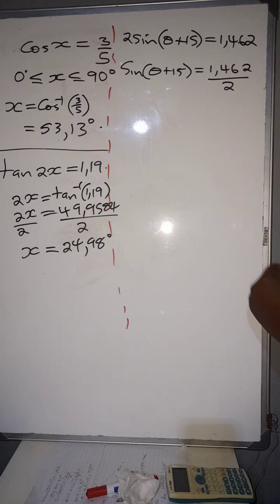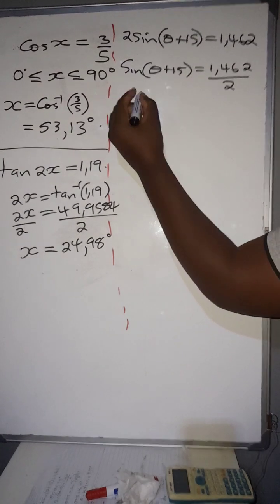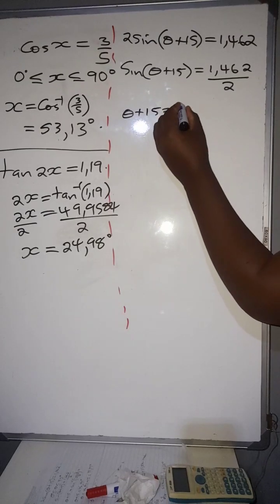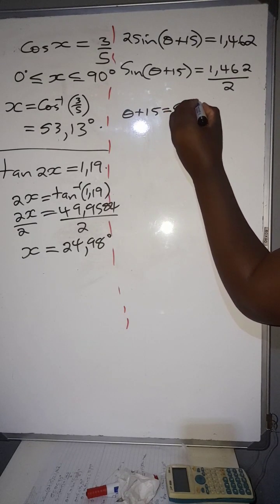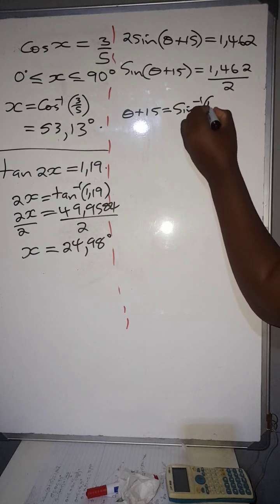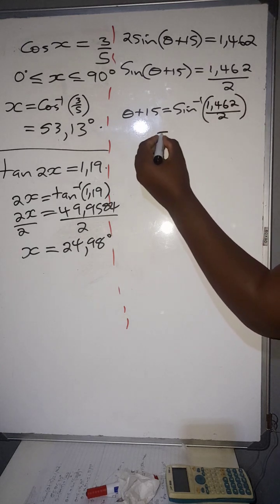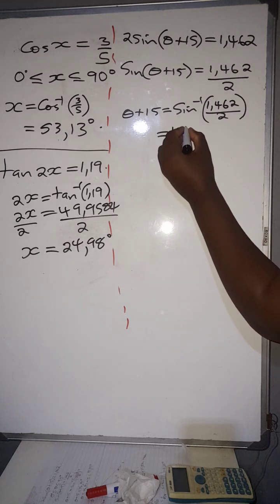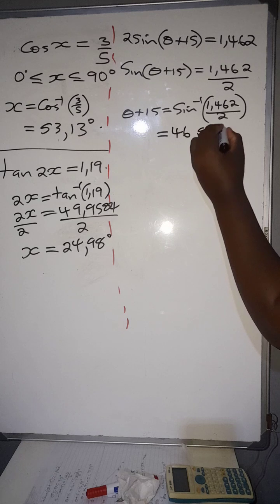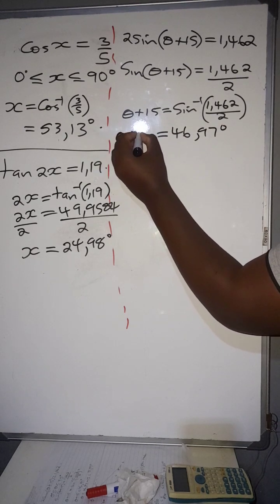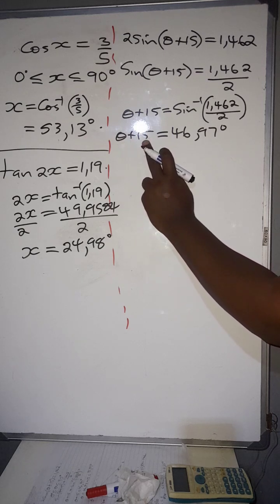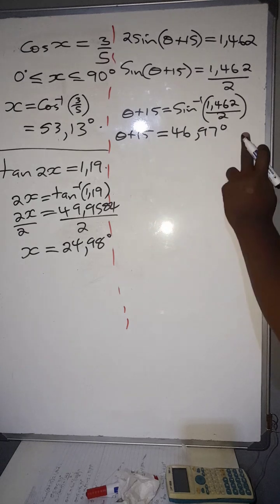And then when you have done that, we now want to get the value of theta plus 15. We get that by saying shift sine of what we have here, 1,462 over 2. And this is going to be equal to 46,97 degrees. So theta plus 15. But we are interested in theta, so the 15 which is being added to theta here goes to the other side.